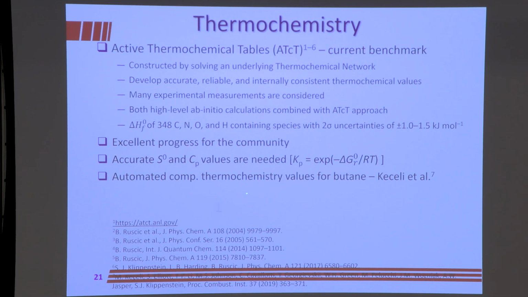So because of that, if the active thermochemical tables only have the heats of formation and no entropy values, we're in trouble, right? So we need other ways to calculate those values.